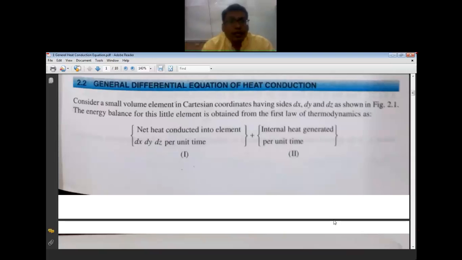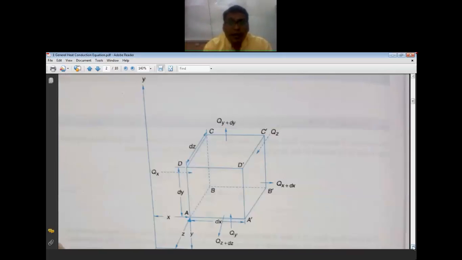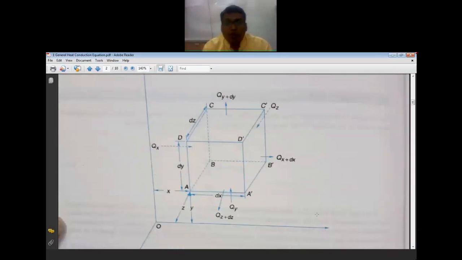Generally, a three-dimensional volume element is to be considered, with X direction, Y direction and Z direction components. Qx is the heat entering in the X direction.